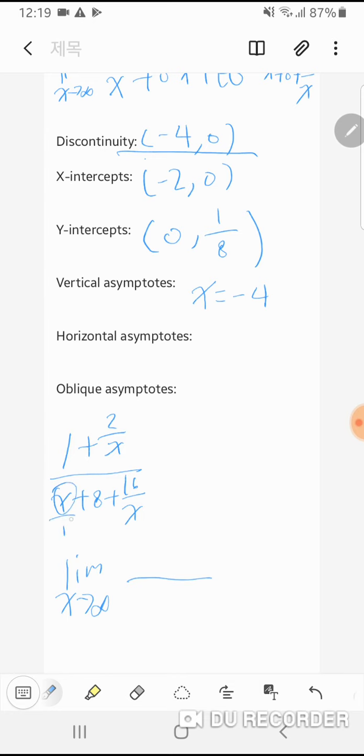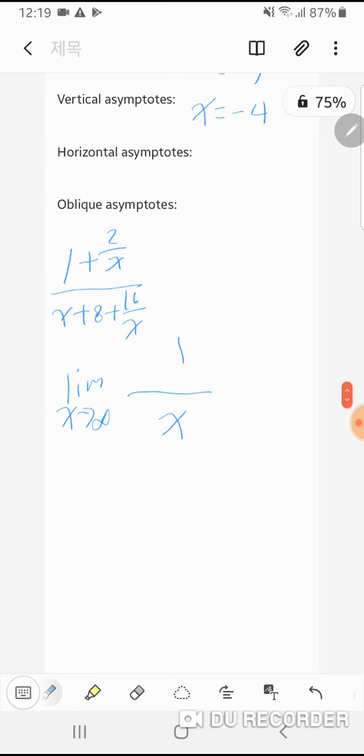The denominator of this would be 1, and the numerator would be x. This doesn't have an x as the numerator, and this doesn't either. So we get 1 over x, and this becomes 0.